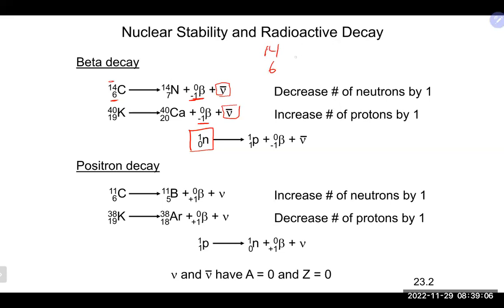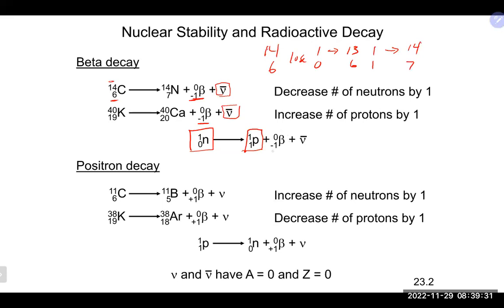In this case, a neutron is going to be lost. We lose a neutron, which is 1 and 0, which takes our number up on top to 13 and 6. As it does that, it then forms a proton, which has a 1 and a 1, which takes us to 14 and 7.